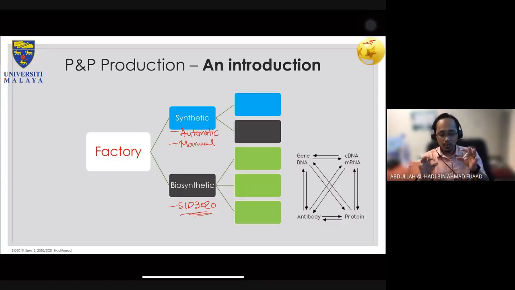So in this course, I'm hoping to give a little bit more detail, so that when we talk about all the examples of protein and peptide technology, you can see these are some of the approaches that industry can take to produce a peptide or protein that can be used for a different technology.